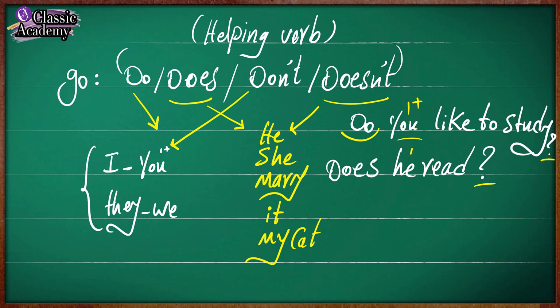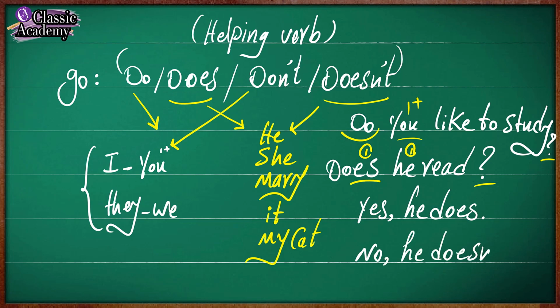For he, we show that this is for one single person. Does he read? Say yes, he does, or no, he doesn't. Okay, yes, of course, we can answer this question in 2 different forms. Yes, he does. No, he doesn't.